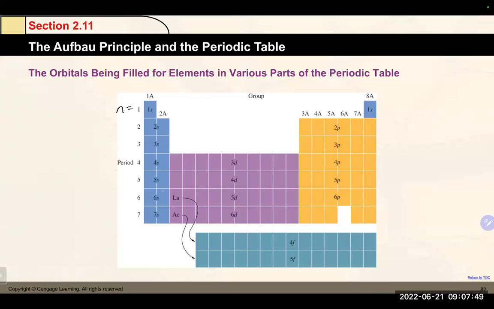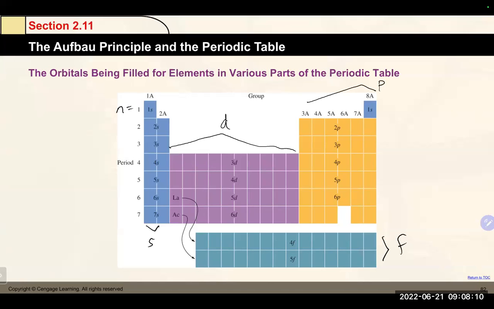The first two groups are the S block. Groups 3 through 8 are the P block over here. The transition metals, the middle ones, are the D block. And the two rows on the bottom are referred to as the F block.